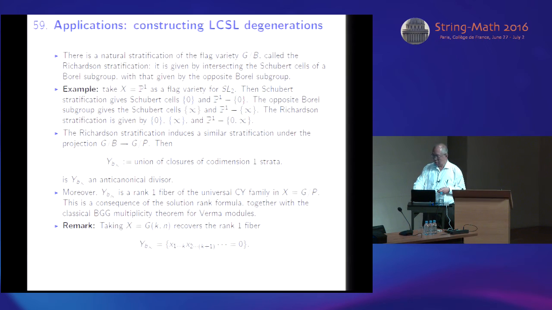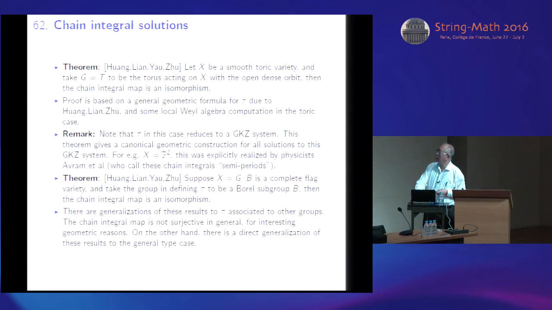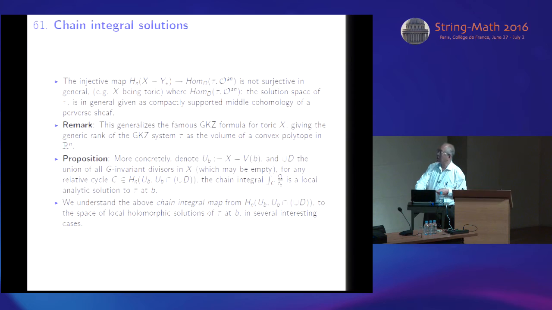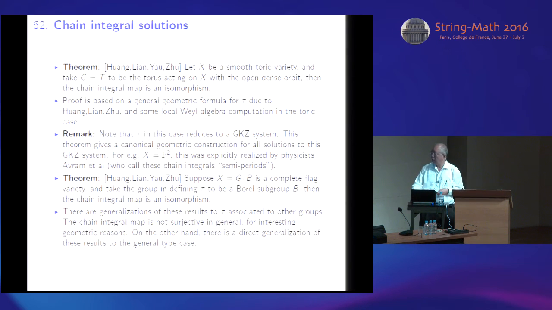And maybe I just mention at the very end, there was discussion about the chain integrals, which I don't have time to discuss. These are integrals that can be useful to understand some problems in mirror symmetry, which we are not completely familiar with yet. These are the extra solutions to tau that we discussed before.